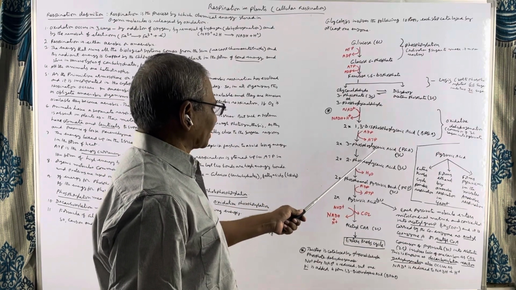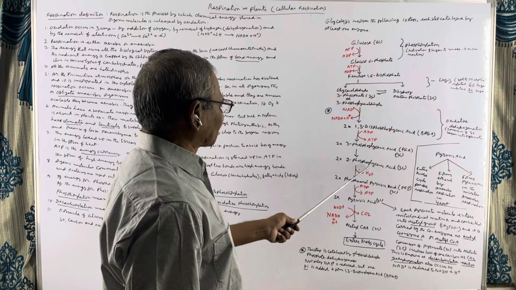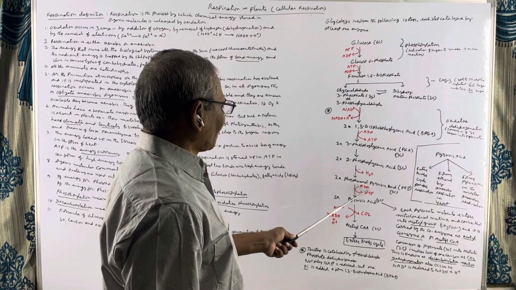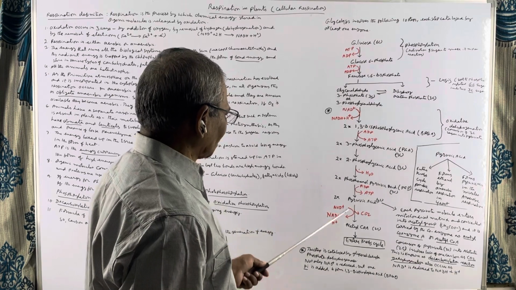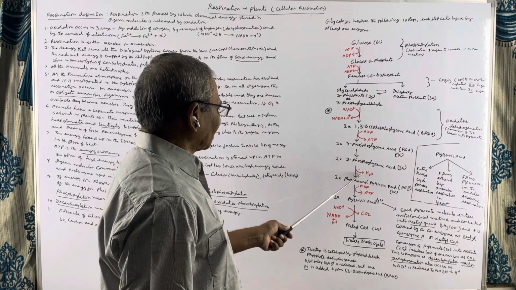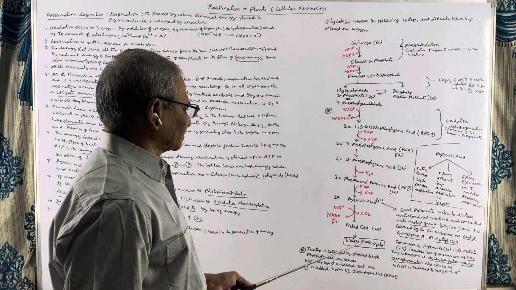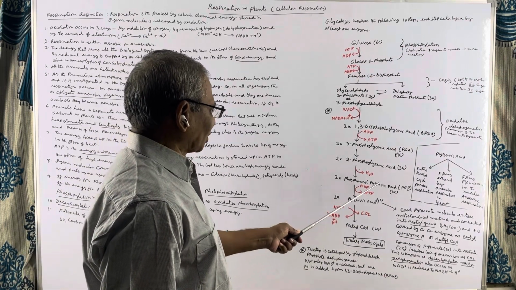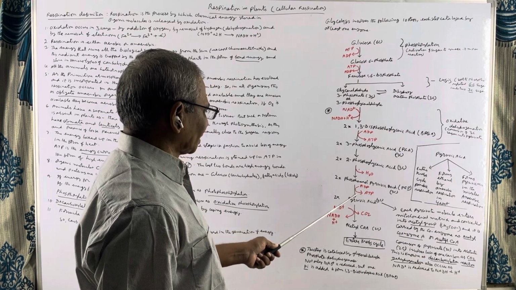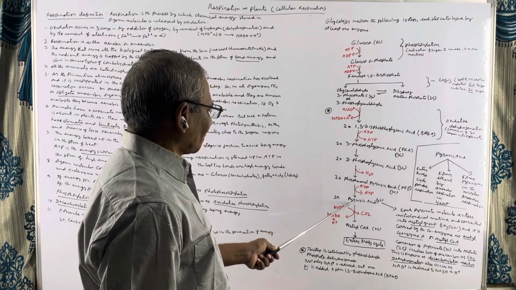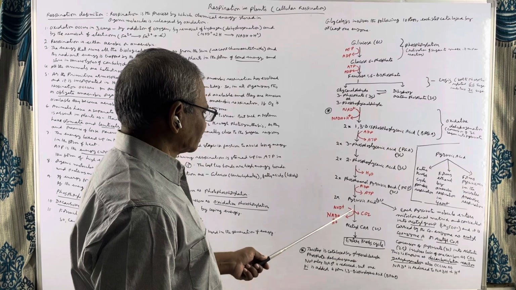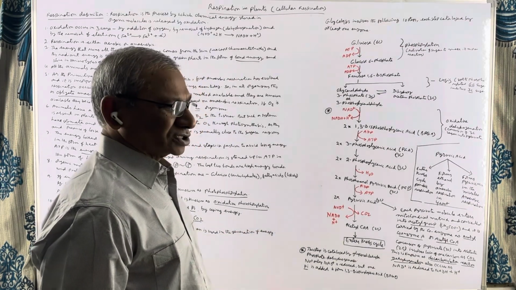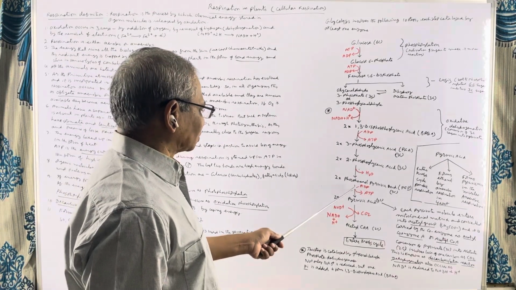When the 3-phosphoglyceric acid is converted into 2-phosphoglyceric acid, then 2-phosphoglyceric acid is converted into phosphoenol pyruvic acid. During this step, 1 molecule of water is lost. Then phosphoenol pyruvic acid, also known as PEP, is converted into pyruvic acid. In this process, 1 more ATP molecule is generated.